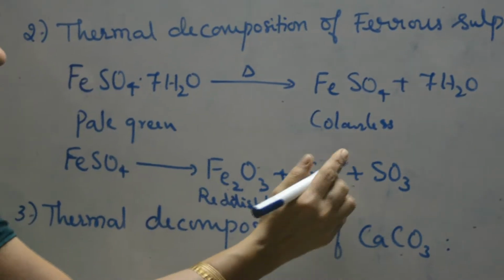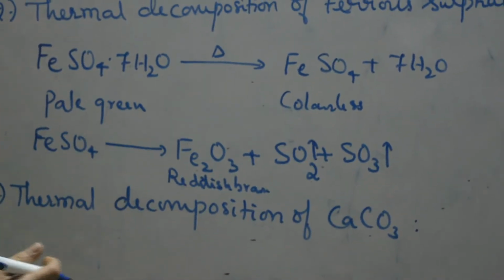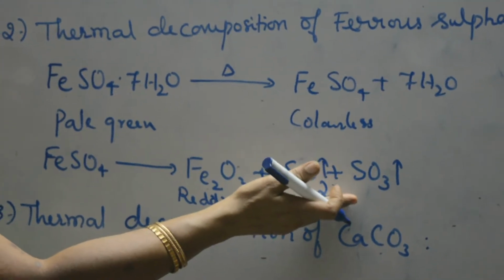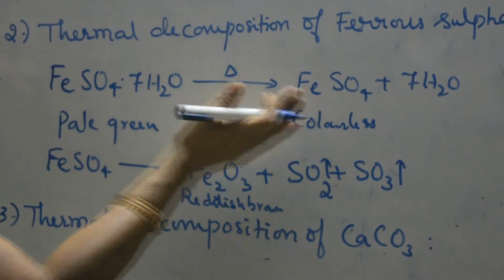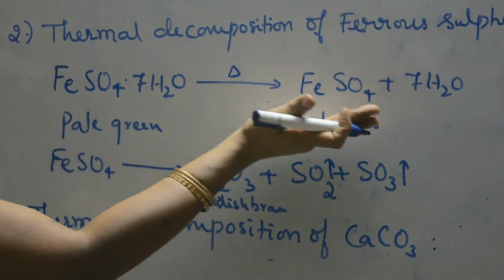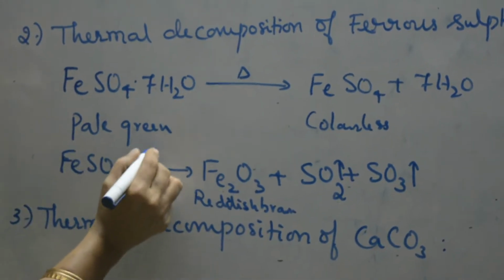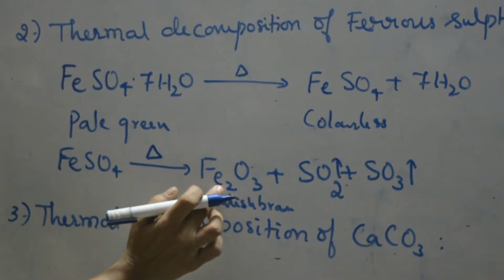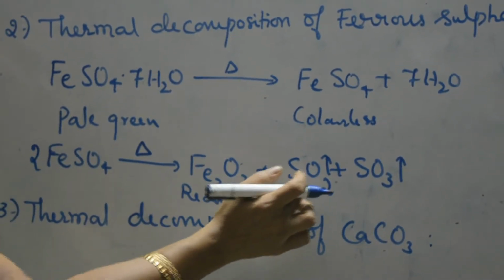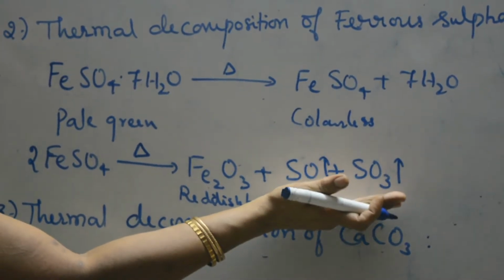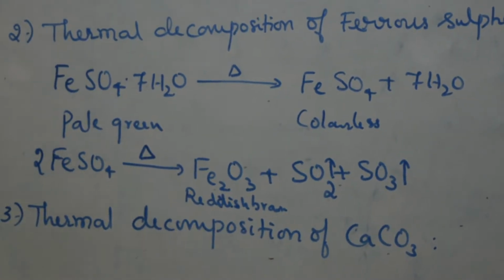And these two gases have the smell of burning sulfur. So ferrous sulfate on heating first gets converted into colorless FeSO4. On further heating we get reddish brown ferric oxide, sulfur dioxide and sulfur trioxide, which both have the smell of burning sulfur.